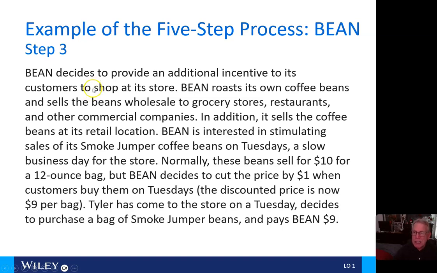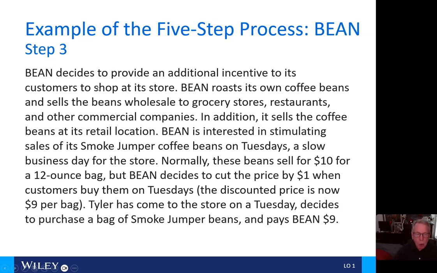Bean is interested in stimulating sales of its smoke jumper coffee beans on Tuesday, a slow business day for the store. Normally, these beans sell for $10 for a 12-ounce bag, but Bean decides to cut the price by $1 when customers buy them on Tuesday.